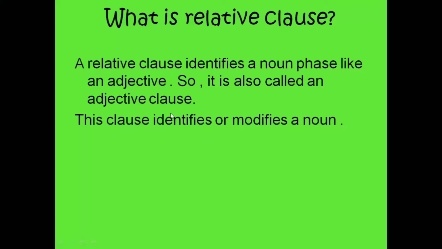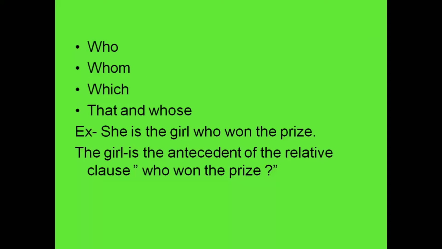What is a relative clause? We should first know what a relative clause is. A relative clause qualifies a noun phrase like an adjective, so it is also called an adjective clause. This clause qualifies or modifies a noun. A relative clause modifies a noun phrase and follows the noun phrase it modifies.